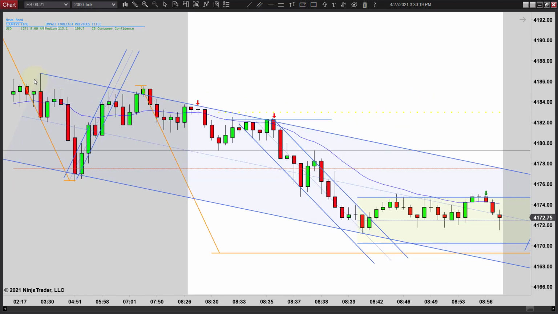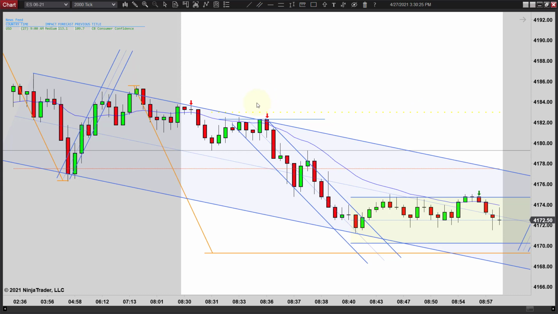I originally had this line a little flatter, but once we started turning lower here, I corrected it some. We had this one working up, a break to a new high, and then we tried to go higher once, and twice, and it really turns down, which kind of confirms this line to some degree. The biggest thing is it's a failed second entry long. So if we turn down right there, there is a little bit of congestion.